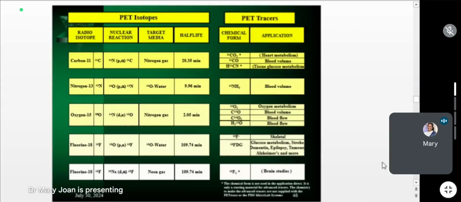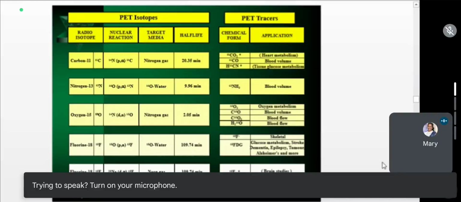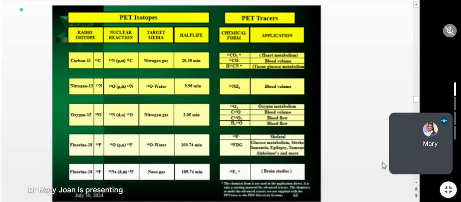Fluorine 18 is the most commonly used for skeletal evaluation, and F18 FDG could be used for glucose metabolism, stroke, dementia, epilepsy, tumors, Alzheimer's, and many more of the non-carcinoma dysfunctions in the body. And F18 is again used for brain studies also.